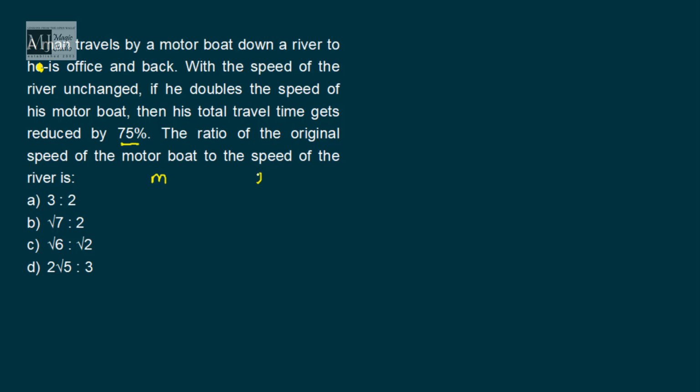Let the speed of the river be r and the motorboat be m. So what happens initially? Let the distance from his office and back be d. Then d upon m plus r plus d upon m minus r is equal to t. Time taken to go downstream plus time taken to come upstream is equal to t initially.